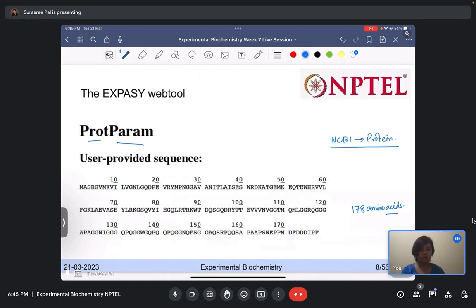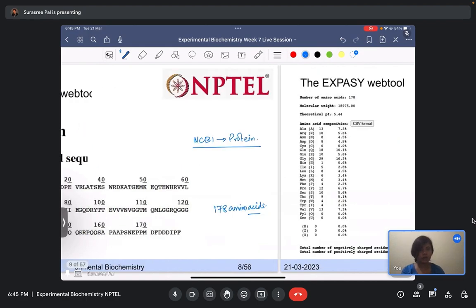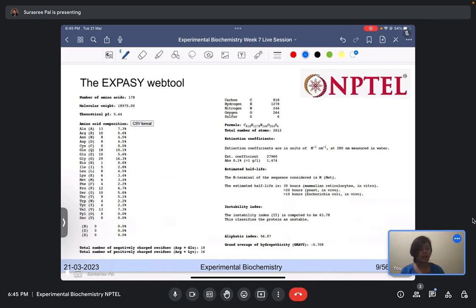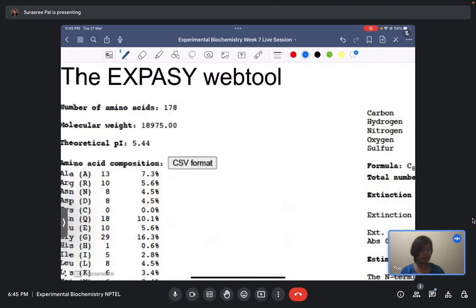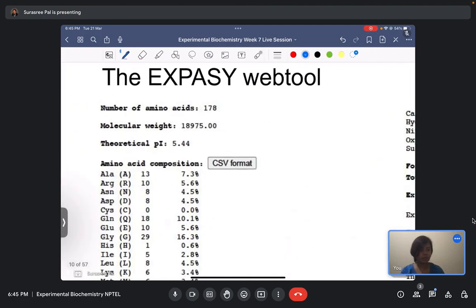So what are the different types of information that it can provide? First of all, the number of amino acids, it will give us 178, and also the molecular weight of the protein. In this case, the average molecular weight is not calculated, it is the accurate molecular weight, which means it is calculated by adding the molecular weight of each amino acid.